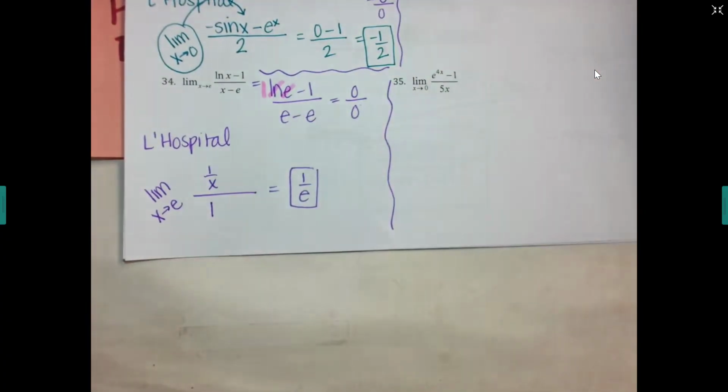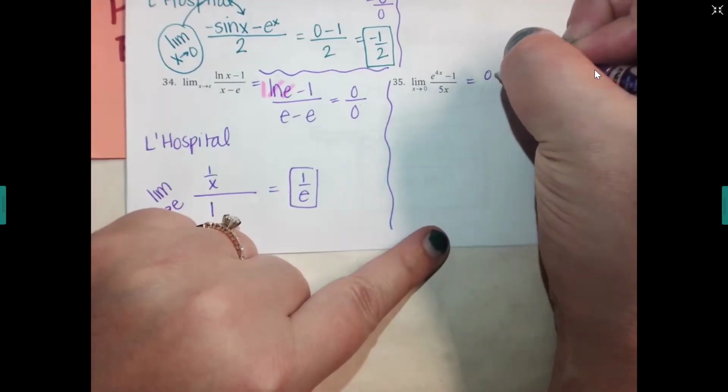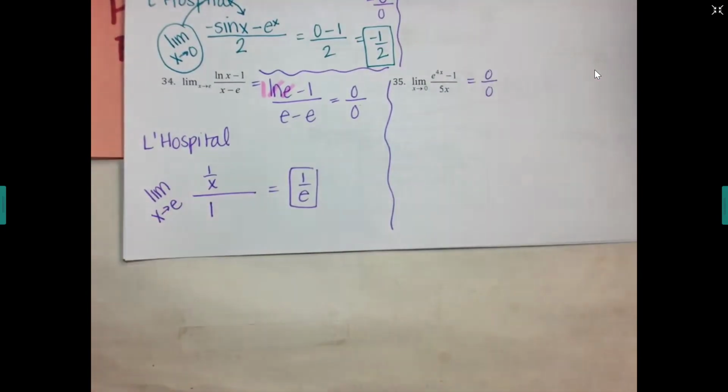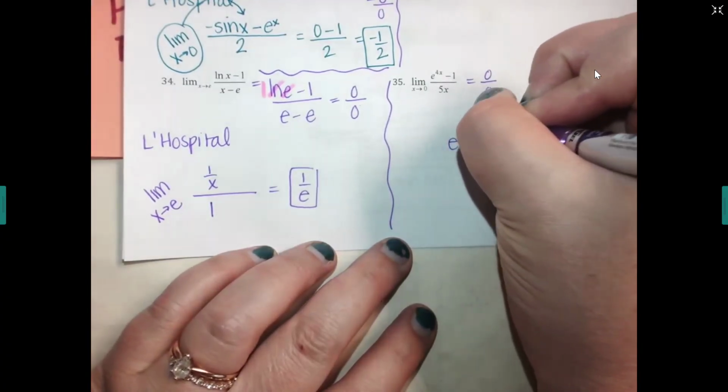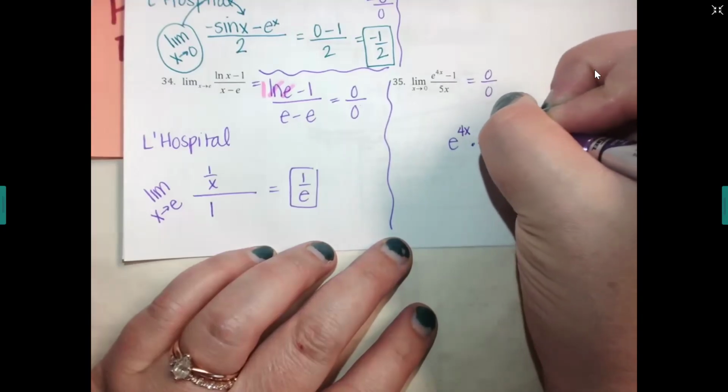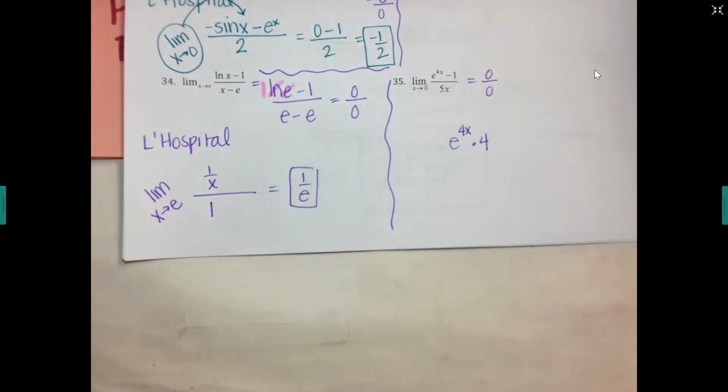All right, last one we're going to do off this page is 35. Plug in a 0, I'll just tell you it does give you 0/0. So can you take the derivative of the top and the bottom? What is the derivative of e to the 4x? E to the 4x times what? 4. Remember chain rule. If your x isn't alone, then e to the whatever x is needs chain rule.